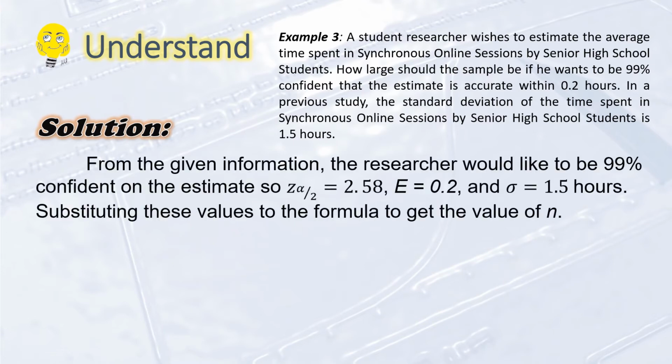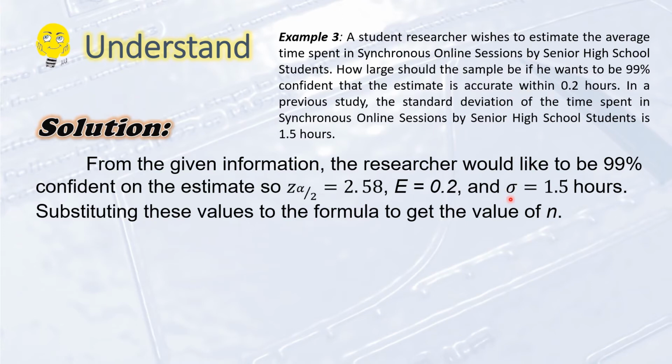From the given information, the researcher would like to be 99% confident on the estimate, so z sub alpha over 2 is equal to 2.58 according to the previous discussion. E is equal to 0.2 since the student researcher would like to be accurate within 0.2 hours.